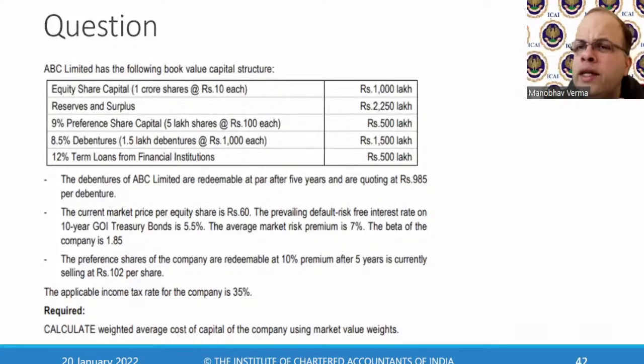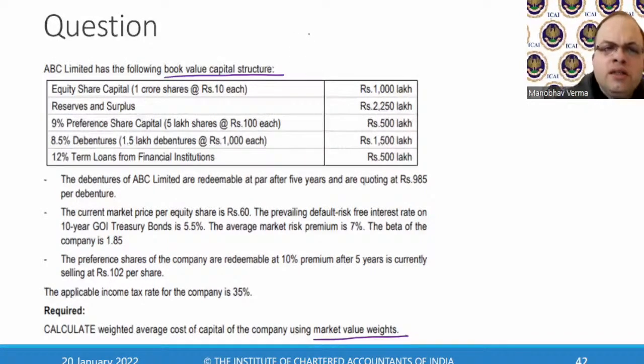Let's talk about another question, which talks about the weighted average cost of capital. Now, look at the requirement of the question here. The requirement is weighted average cost of capital using market value weights. So market value weights we have to use, and we are given a book value capital structure: equity shares, reserves and surplus, preference shares, 8% debentures.